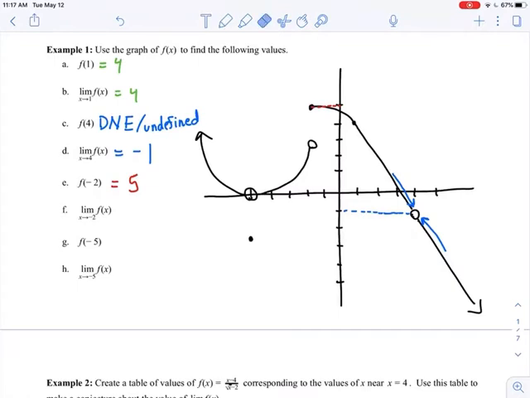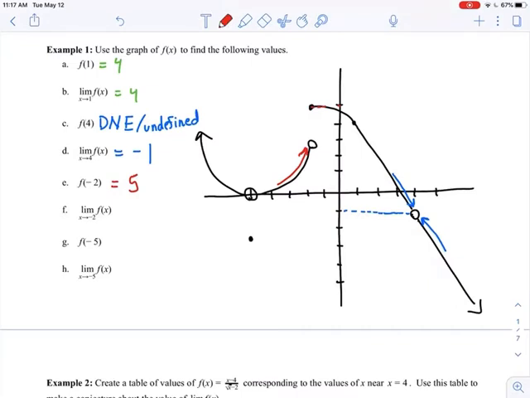Let me erase this just a little bit. Okay. So here I'm going to come at it from both the left and the right hand side. If I come at -2 from the left hand side, from this direction over here, I want to ask myself, where is my function going? You can almost cover up the behavior at exactly -2.